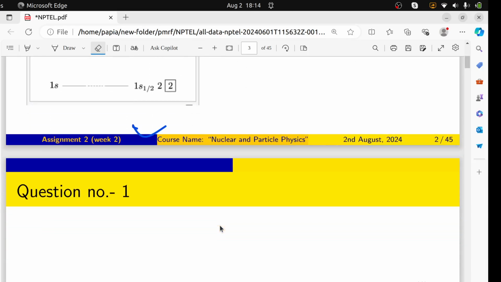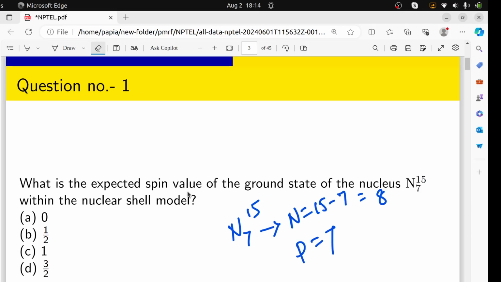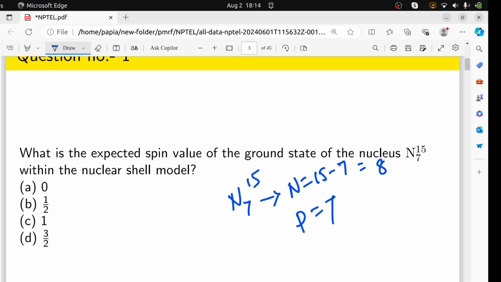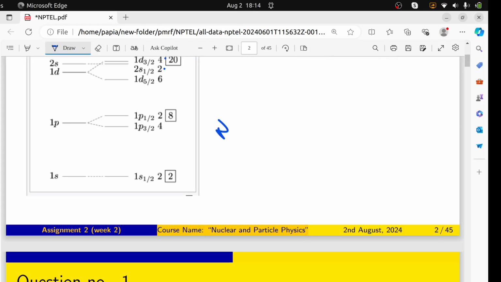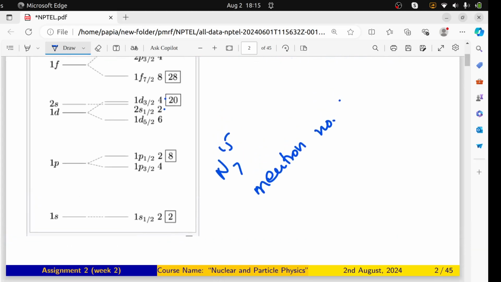So here you can see, as I told last time also, that if any nucleon type has an even number, it will not contribute to the spin value or parity. But if it has an odd number, then it will contribute to the spin as well as parity. Why did I say that? Because for N-15 we got the neutron number as 15 minus 7, which is 8, right?